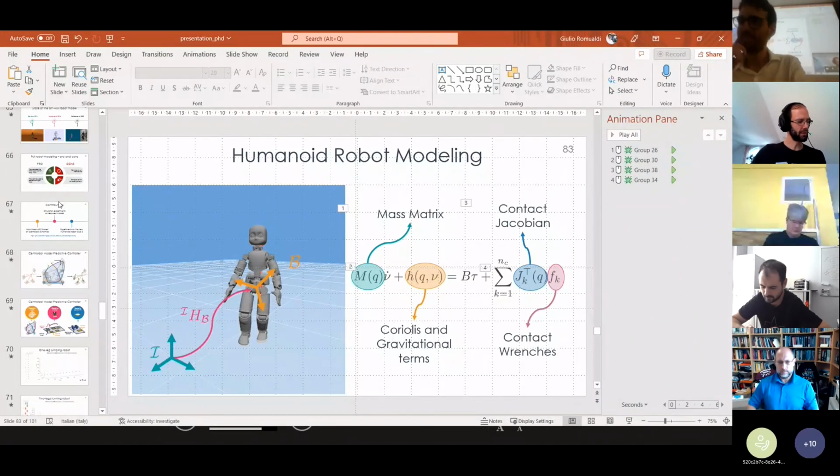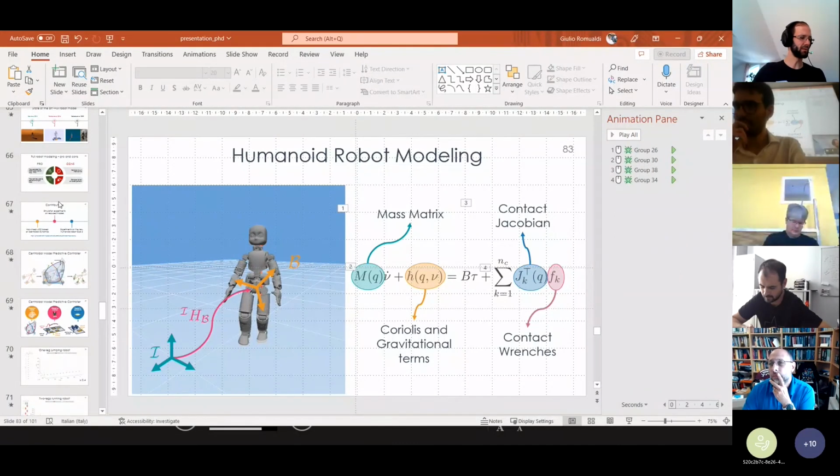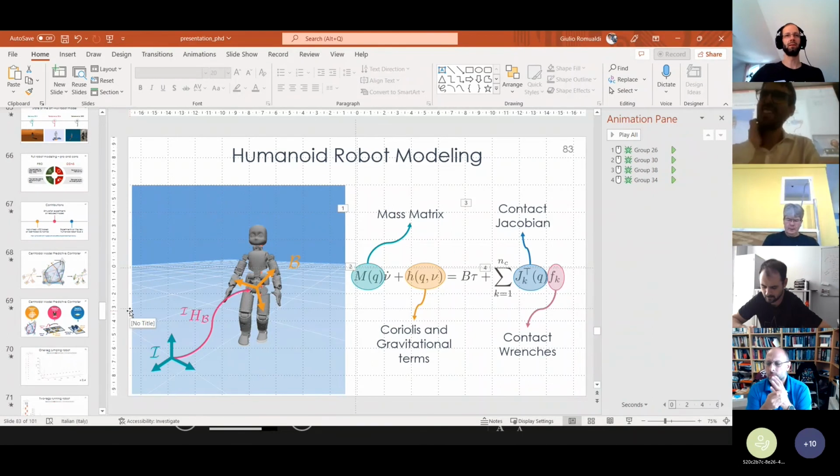Okay, perfect. Then you presented the task space inverse dynamics with compliant and with flexible models. Could you consider combining the two, a compliant and flexible model? In theory, yes.